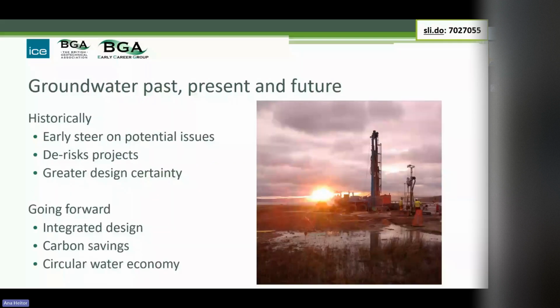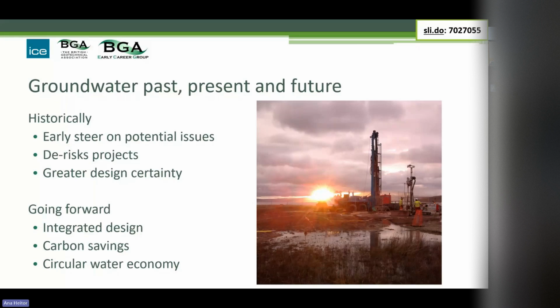Historically, when groundwater has been considered on projects, it's been brought in to address potential issues. Try and de-risk things, increase design certainty, save money, build it faster, all that kind of thing. And as we move forward, I can see that that's still going to be the case. Those will still be drivers for the involvement of people applying geotechnical engineering and groundwater control and management.